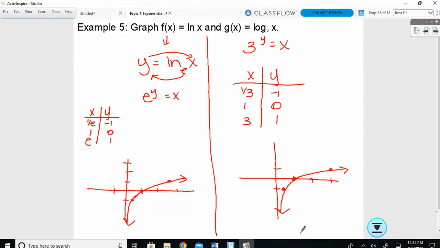What would the domain of that be? Zero to infinity. 0 would get a parenthesis because we don't ever actually hit it. What would be the range? All right.